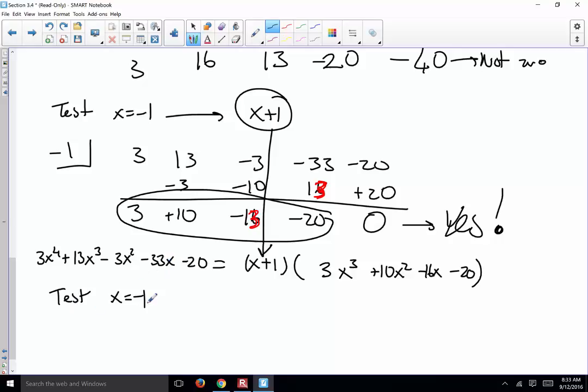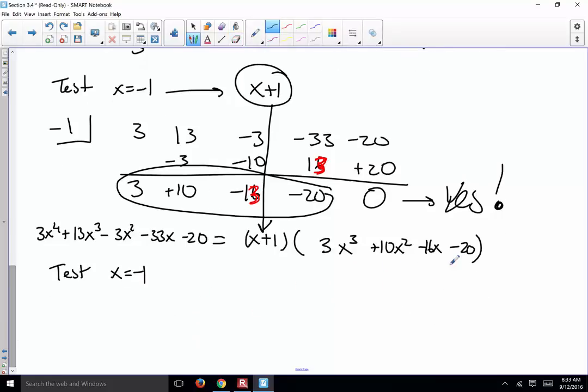Now I want to test x minus 1 to see if it's a double fish, I mean with multiplicity 2. If it also divides this thing, then we will get another x plus 1 from the factors of this thing. So I want to test this guy because it's our lucky fish, right? So let's test him again. For which polynomial? This one. If it's a 0 of this remaining polynomial as well.